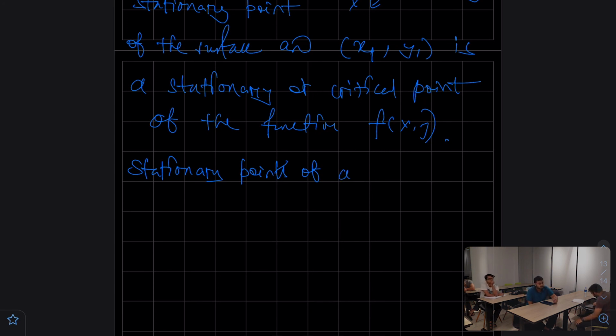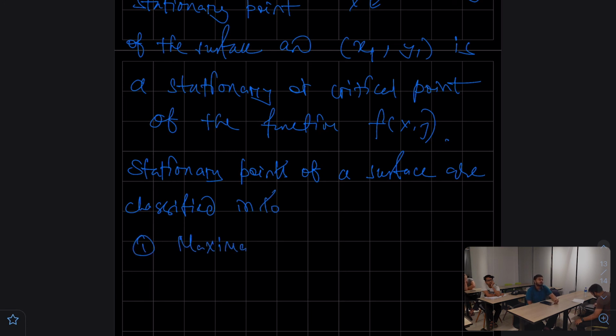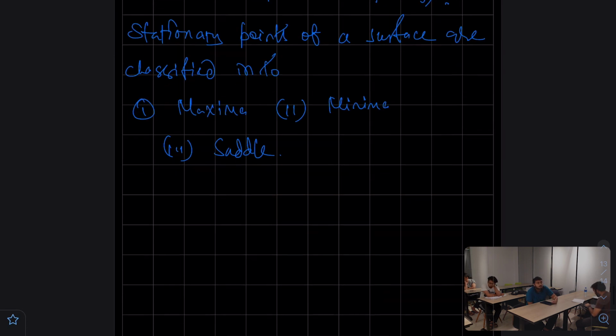Points of a surface are classified into maxima, minima, and the third one is called saddle. Its one-dimensional analog is the inflection point. However, it's not quite an analog. The interpretation is different.